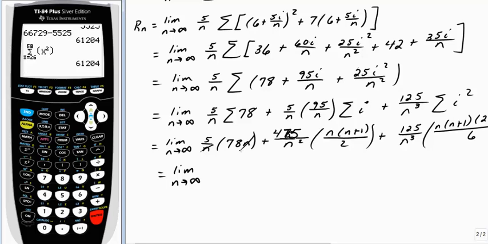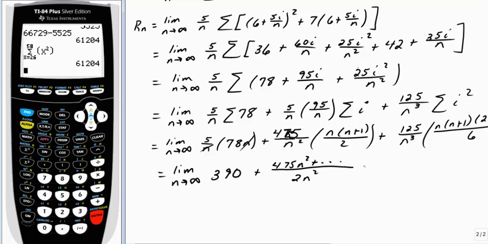And you're left with 5 times 78, and the 5 times 78 is 390. We have 390 plus, the second one is, again, inside of a limit as n approaches infinity. Your numerator is going to be 475 n squared, and again, I only care about the coefficient of the leading term in the numerator and the power of that numerator. And then the denominator is going to be a 2n squared.